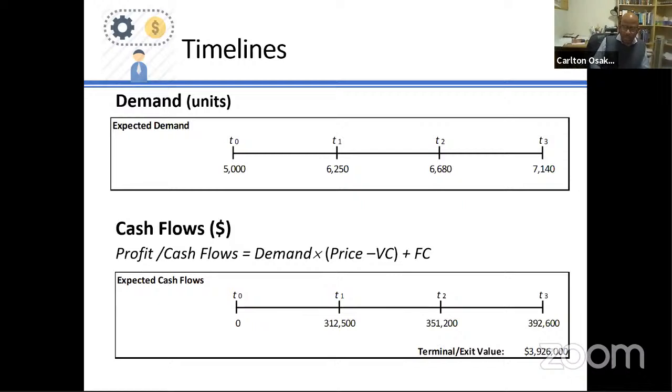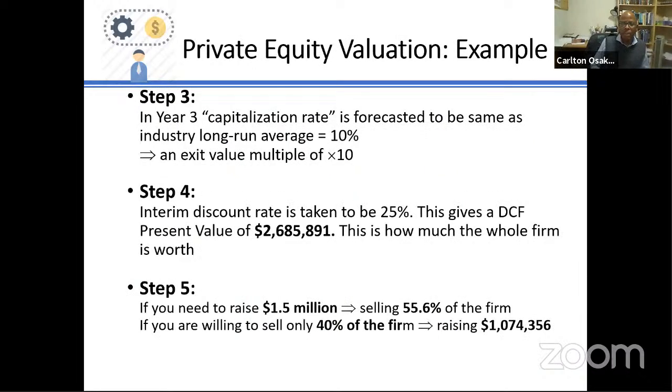And so if you apply a discount rate of, say, 25% and discount all those cash flows and the terminal value back, you end up with a present value of the firm of 2.6 million, or almost 2.7 million. And this essentially is how much the entire firm is worth. Okay, the whole firm is worth.